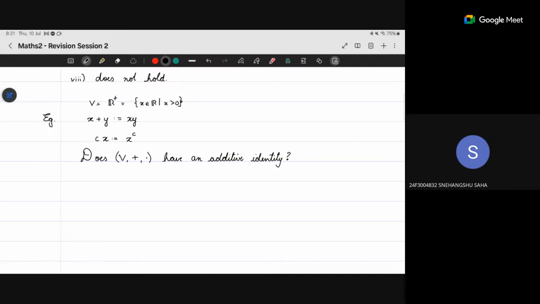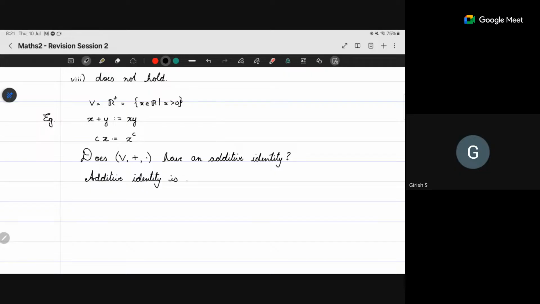So what is the additive identity? As in, what is the element that you would call the additive identity? Such an element that x plus that element should give x upon doing a vector addition.